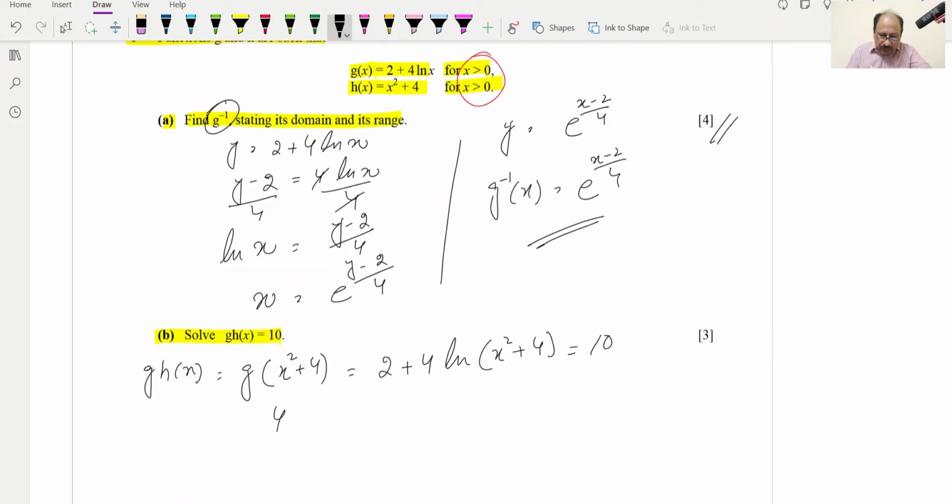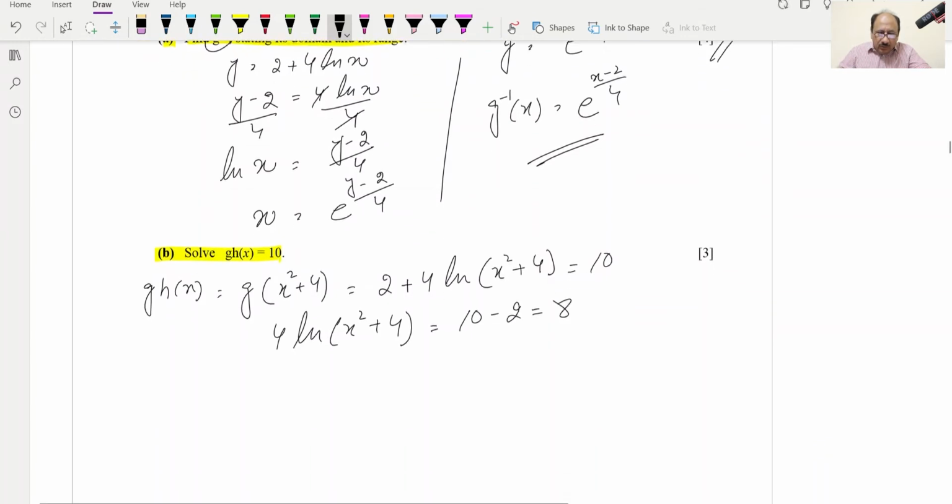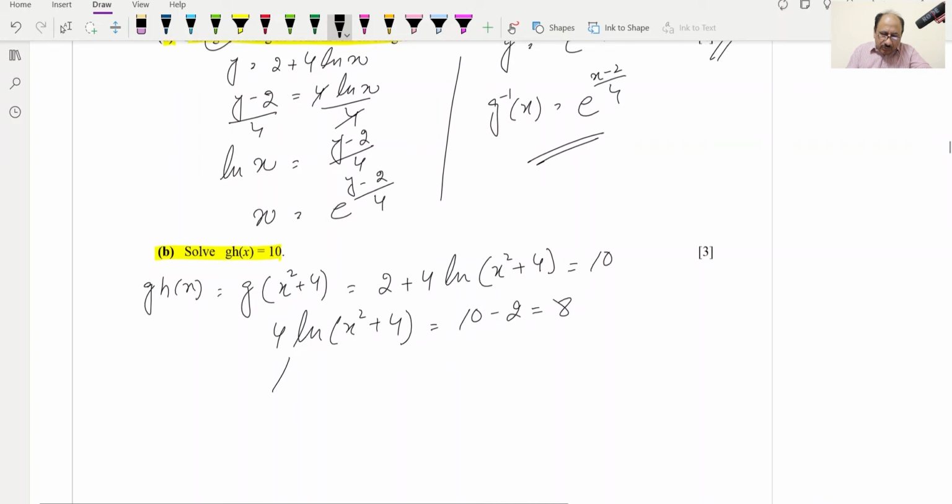So this implies 4 log of (x squared plus 4) is equal to 10 minus 2, which is equal to 8. Now we can shift 4 also, so log of (x squared plus 4) is equal to 2, and to get rid of log we will take power e, so this side will be x squared plus 4 is equal to e raised to the power 2.